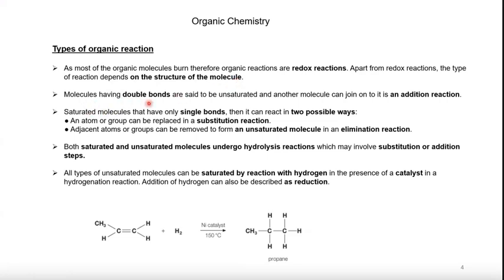Molecules having a double bond are said to be unsaturated molecules. That is, a carbon-carbon double bond makes an unsaturated molecule. So a molecule having a double bond with carbon atoms, I will call it an unsaturated molecule, and we can add another molecule onto it, and we call it an addition reaction.